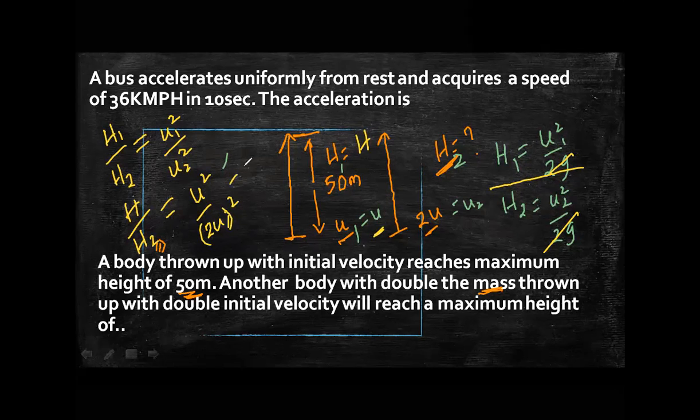What is going to be here? u square by 4u square. So u square cancels. h2 should be equal to how much? 4 into h, right? So h2 is equal to 4h.